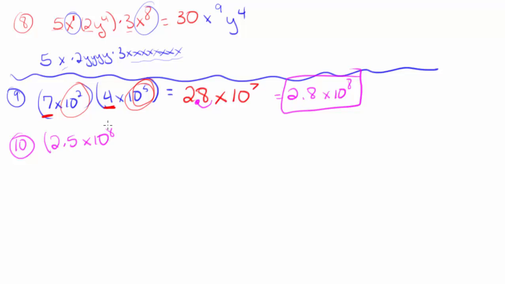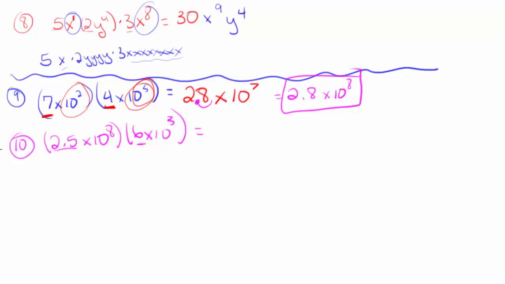2.5 times 10 to the 8th times 6 times 10 cubed. 2.5 times 6 is, I'm sorry, it's not 1.5, it's 15. Whoops, I kind of skipped ahead here.